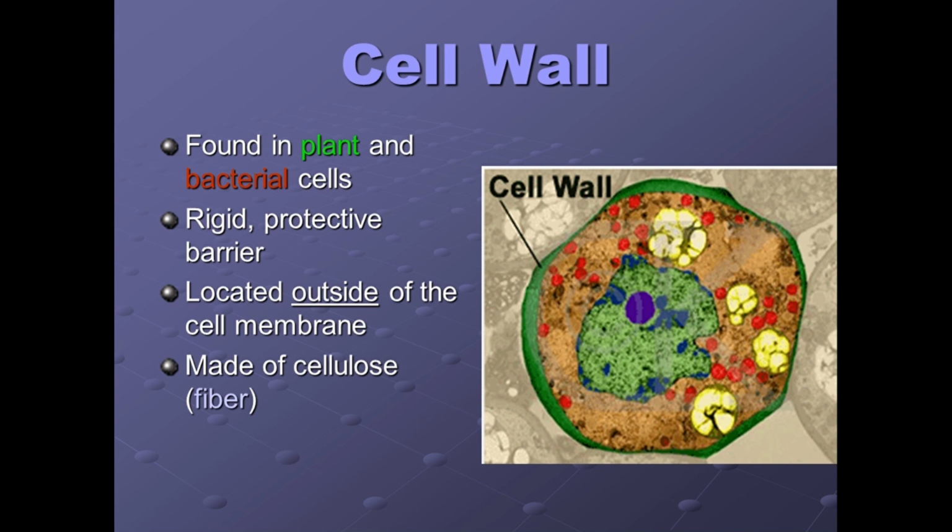It is mainly composed of carbohydrates like cellulose and pectin. It is located outside of the cell membrane and made up of cellulose.